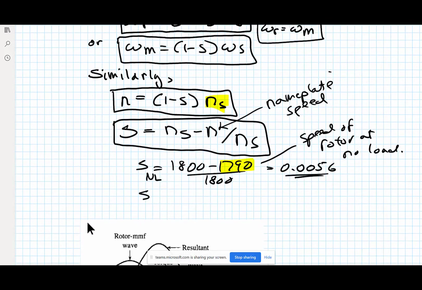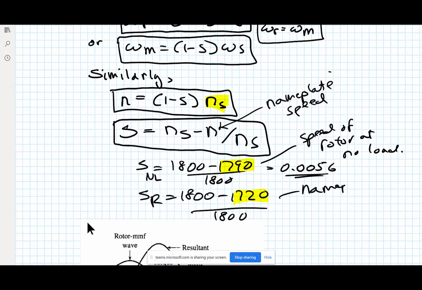But at rated, you could say, well, what's my slip under rated? Well, it's probably the speed is going to be slower, and let's try 1720. And I'm going to say, okay, this is the nameplate rated speed.